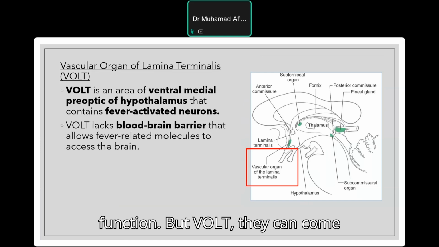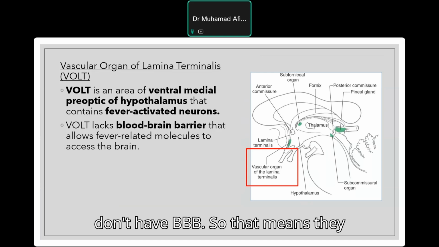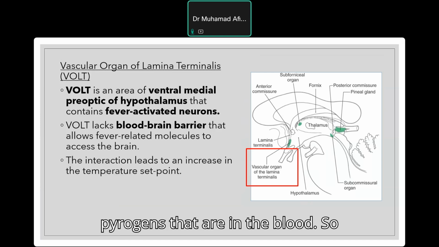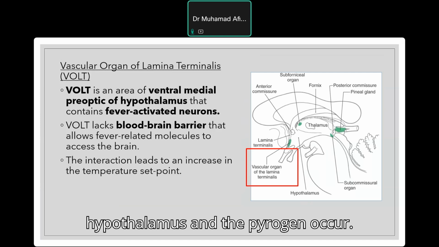But the OVLT can come in contact with the blood because it doesn't have a BBB. That means it can come in contact with the pyrogens that are in the blood. So this is where the interaction between the hypothalamus and the pyrogen occurs.